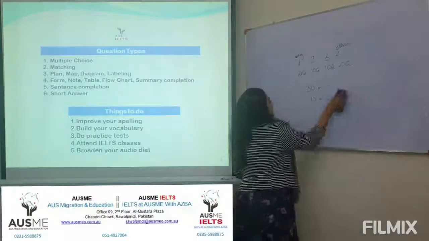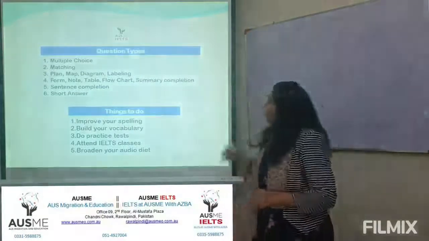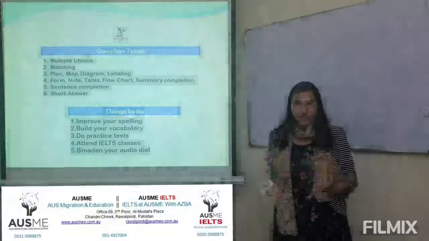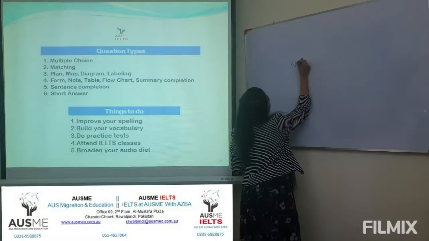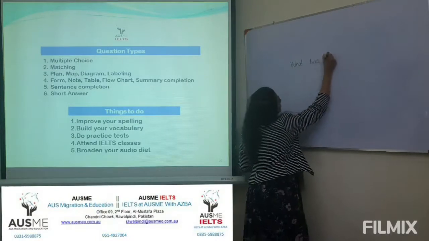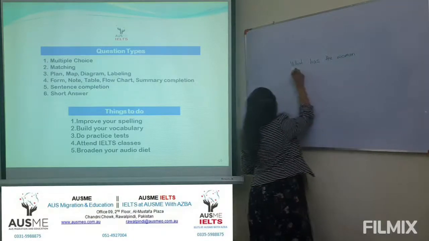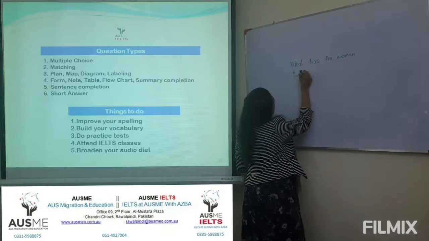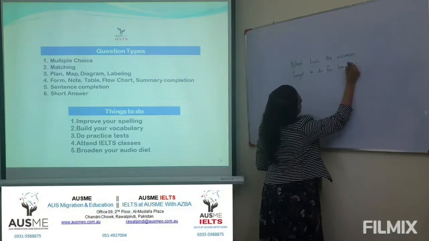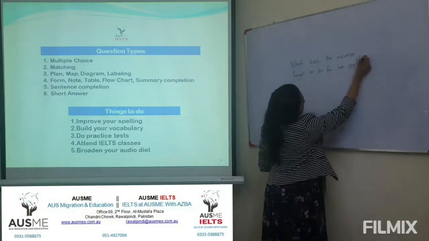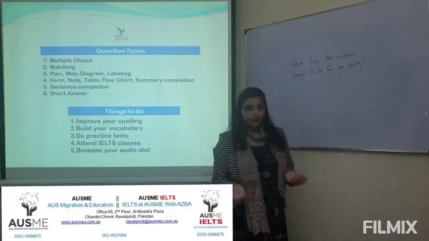So moving on, the types of questions that you can get. Over here, I'll try to tell you what types of questions you can get and also give you examples. The first question type is multi-choice, and it could look something like this: there would be a question, for example, what has the woman forgotten to do for her party?